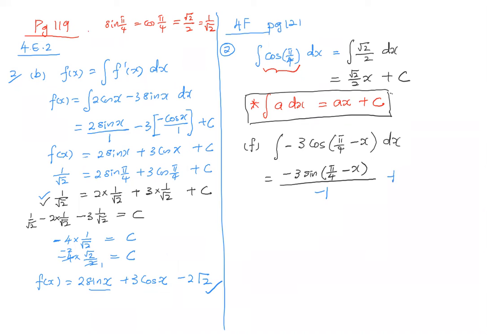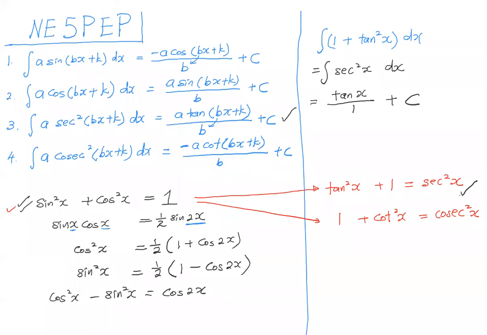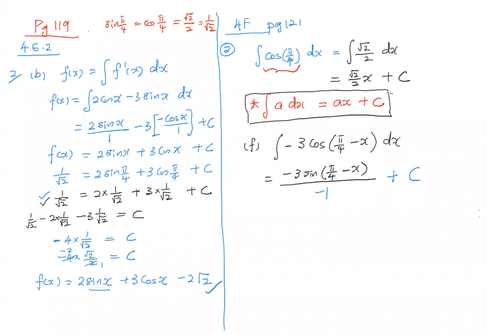Because after you integrate, it's basically from the negative x, the value in front of x. Yeah, you are right. So now you know why it's -1.